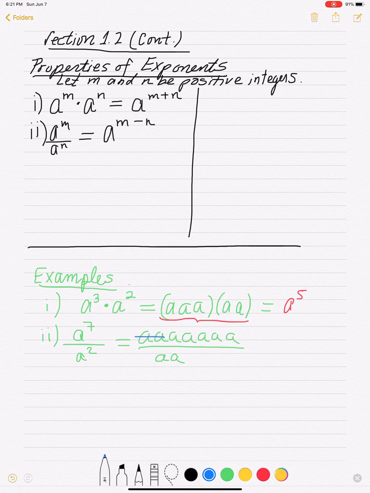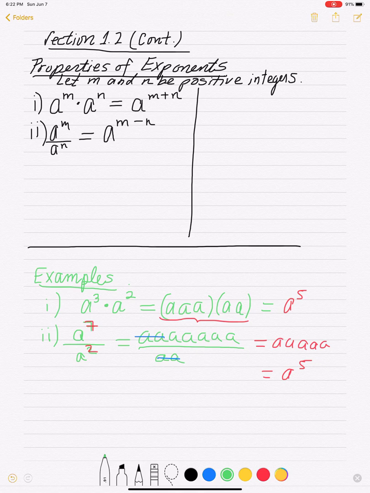You cancel the 2 a's on top with the 2 a's on bottom, and what are you left with? You're left with 5 a's. In other words, a to the 5th power. So essentially what we did was 7 minus 2. We canceled 2 out on top with 2 out on bottom, and we're left with a total of 5, a to the 5th. That's the rationale behind that rule: 7, take away the 2 on bottom, get a total of 5.